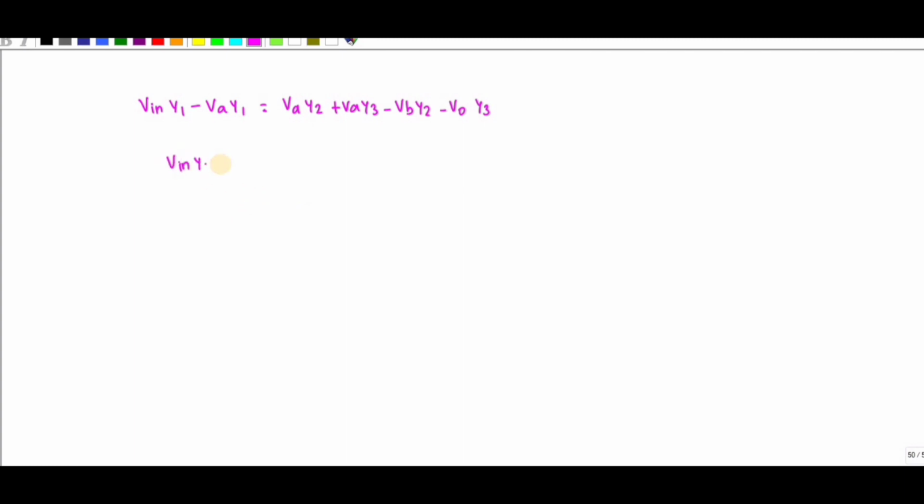So Vin Y1 is equal to VA (Y1 plus Y2 plus Y3) minus V0 (Y2 plus Y3).